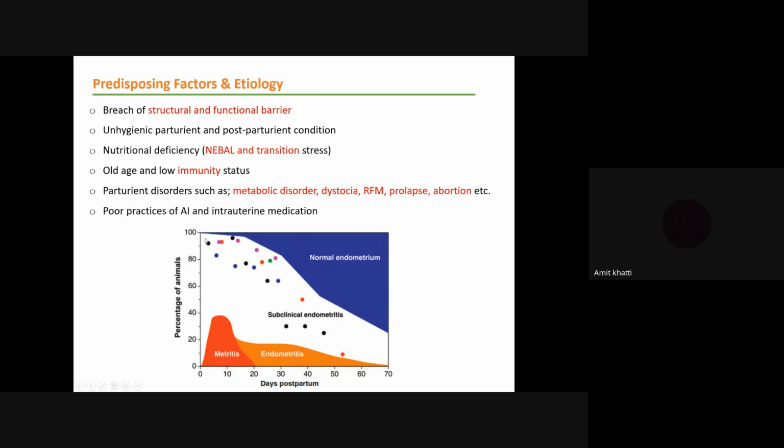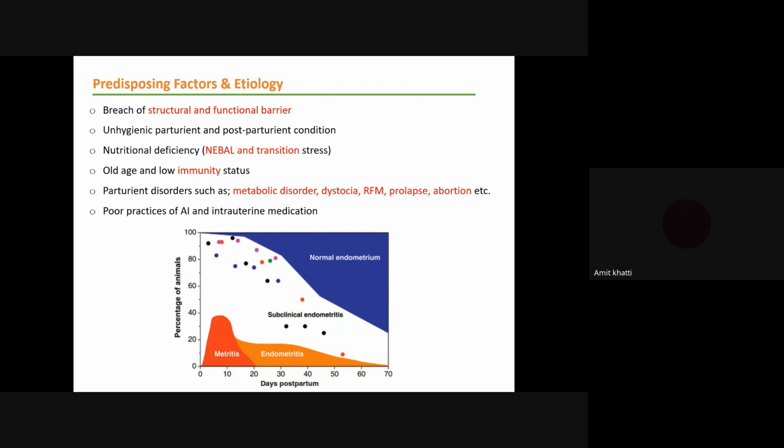All 100% of animals have microbial contamination. Thereafter, during the advancement of the postpartum period, animals that have good immunity, good animal husbandry practices, a good hygienic environment and feeding practices will gradually tackle the presence of microbial organisms and transform into a normal endometrium, meaning endometrium or uterine tissue without pathogenic microbial organisms.